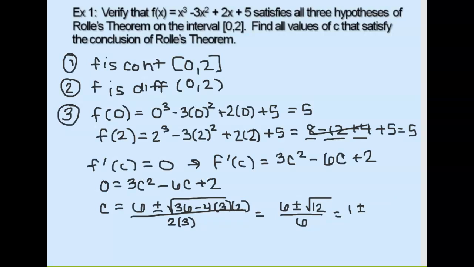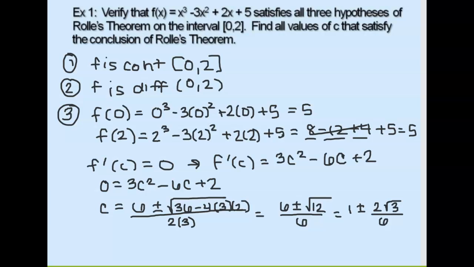Is 1/12, you can take out the 4. So you get 2 square roots of 3 all over 6. And that's where I was trying to say that 2 divided by 6, not 12, is 1/3.